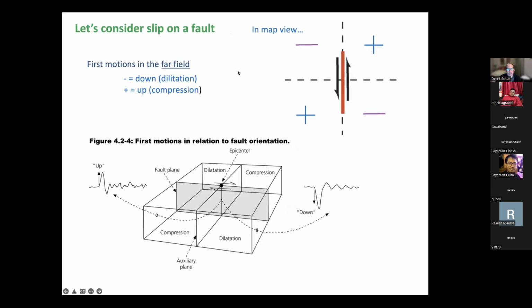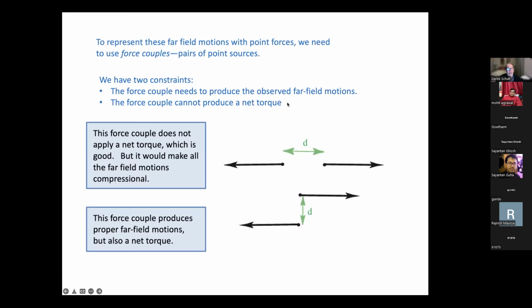So in map view, first motion in the far field is going to be a combination of compression, dilatation or extension, compression, and dilatation. And the compression is indicated by up on your seismogram, and dilatation is going to be indicated by down on a seismogram. So to represent these far field motions with point forces, we need to use force couples.